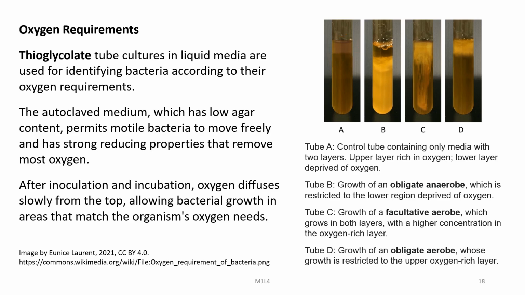Tube B shows the growth of an obligate anaerobe which is restricted to the lower region deprived of oxygen. Tube C shows the growth of a facultative aerobe which grows in both layers with a higher concentration in the oxygen rich layer. Tube D shows the growth of an obligate aerobe whose growth is restricted to the upper oxygen layer.